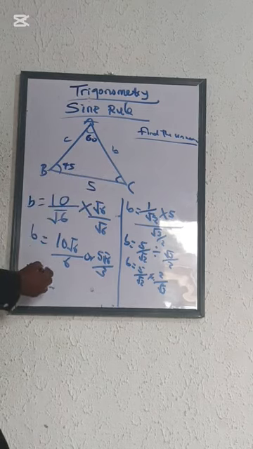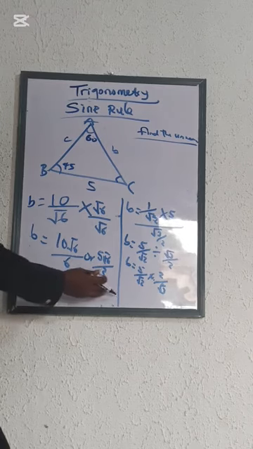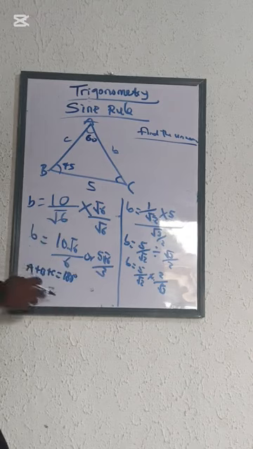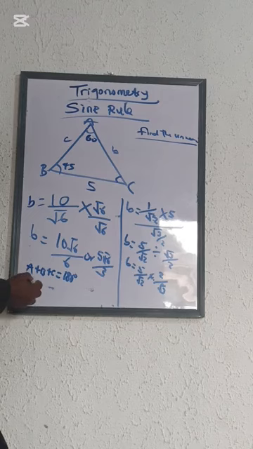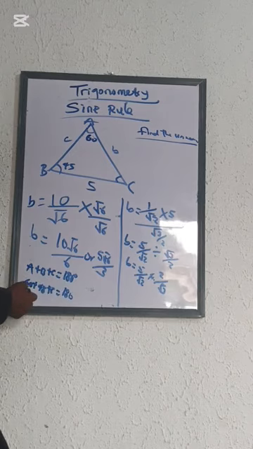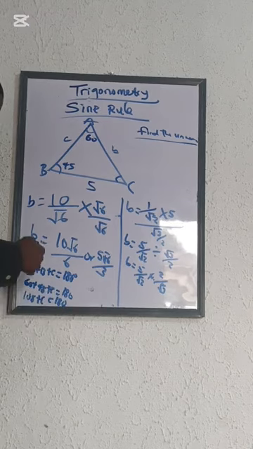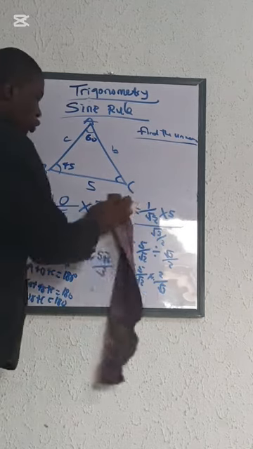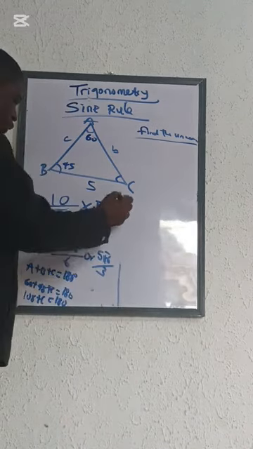A plus B plus C equals 180 degrees. Reason: sum of angles in a triangle. So we have 60 plus 45 plus C equals 180. 60 plus 45 is what? 105 plus C equals 180, right?